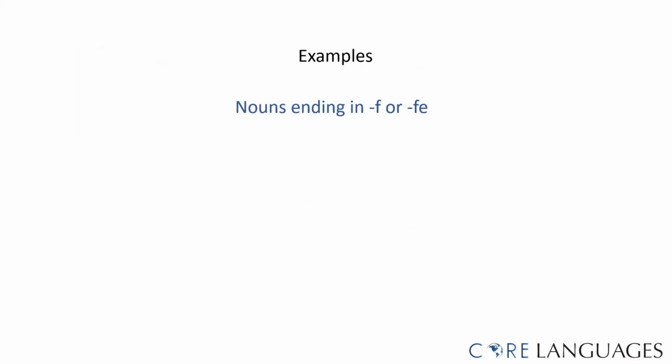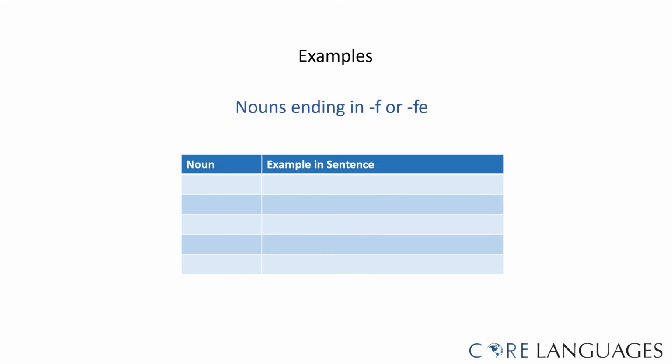Here are examples for nouns ending in F or FE and example sentences. For example, knife. These knives are very sharp. Leaf. The leaves fall off the trees in autumn.